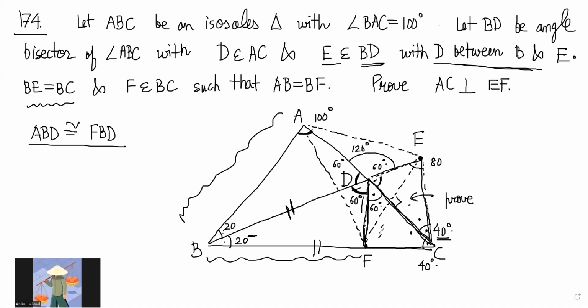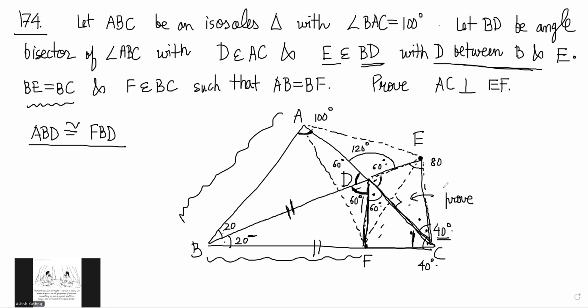They are congruent, and we know that AD is equal to DF. Sir, we know CD is the angle bisector of angle C. One second.